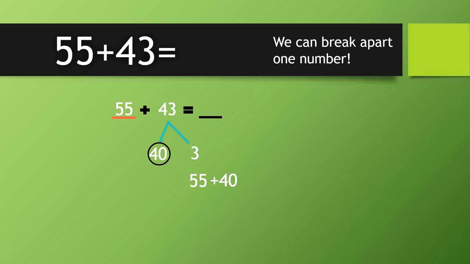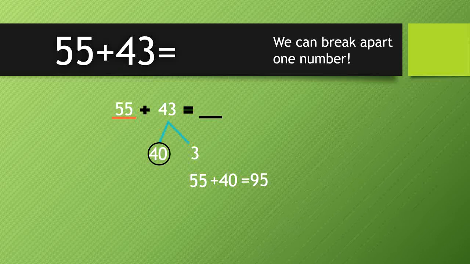Let's count on from 55 up 4 tens. 55, up 1, 65, up 2, 75, up 3, 85, up 4, 95. 55 plus 40 equals 95.